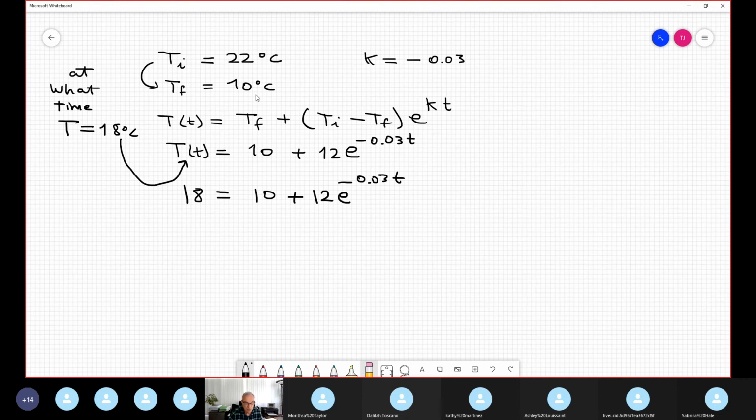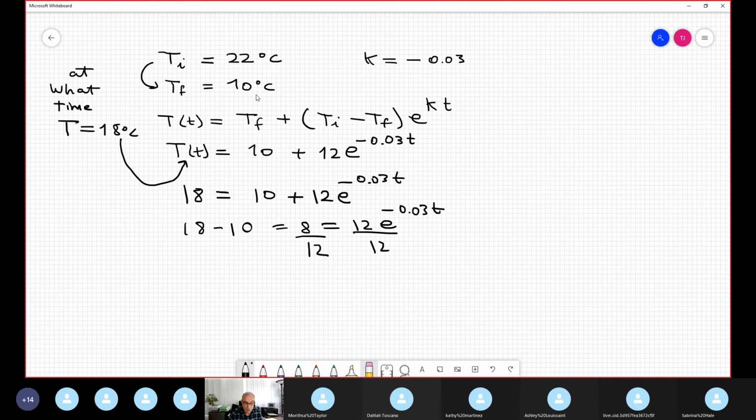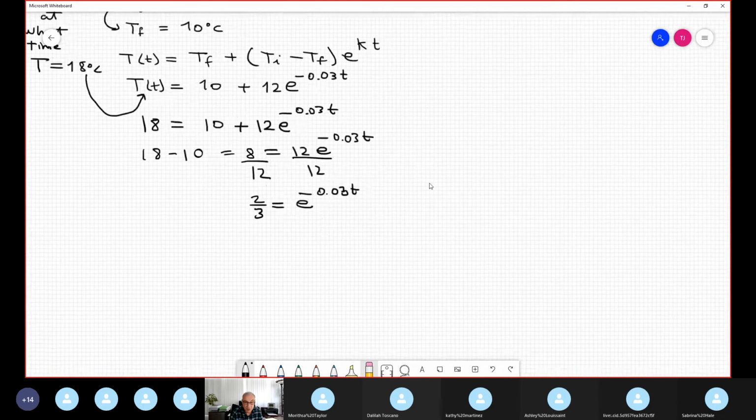Okay, this is algebra. 18 minus 10 is 8, equal to 12 exponential minus 0.03 T. Divide by 12 both sides. 8 over 12, 2/3, is equal to exponential minus 0.03 T. This is an important moment in which you apply the logarithm on both sides.